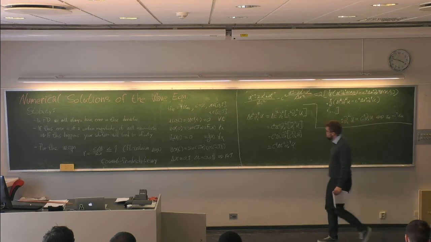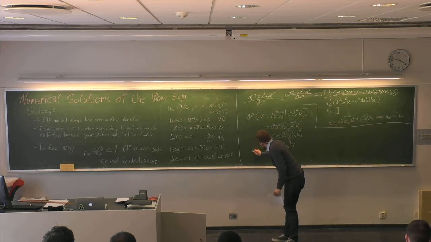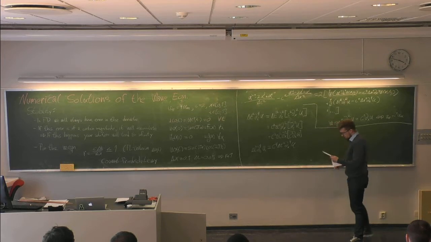So we have that delta t squared dt^4 of u is the same as this thing.